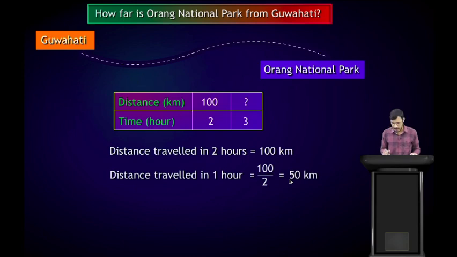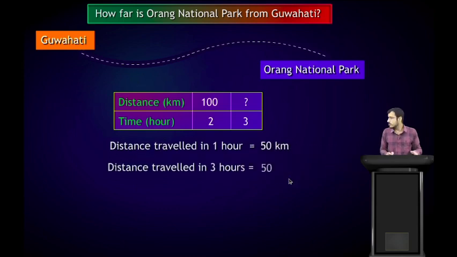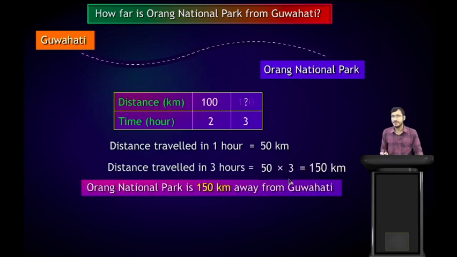Now distance travelled in 3 hours will be 50 into 3, so 150 km. That means Orang National Park is 150 km away from Guwahati.